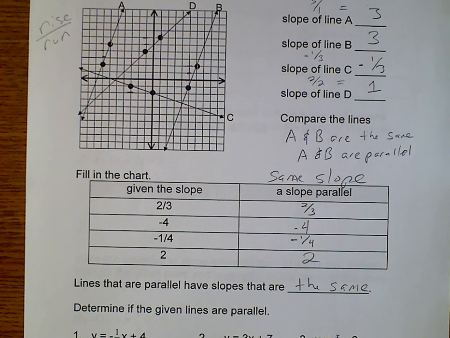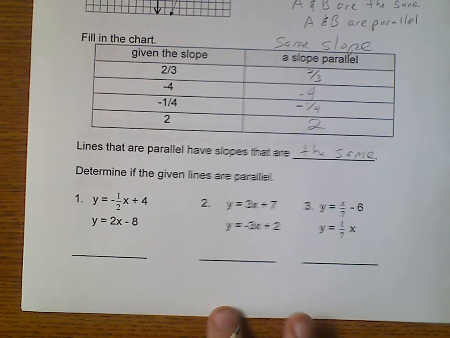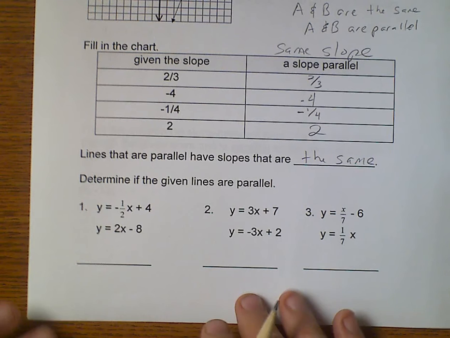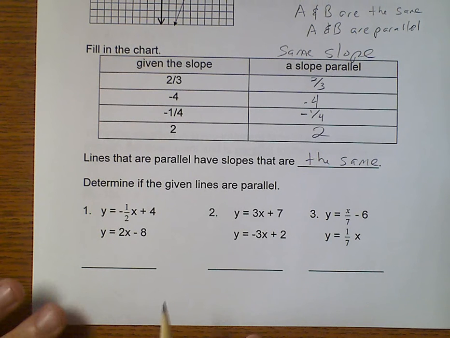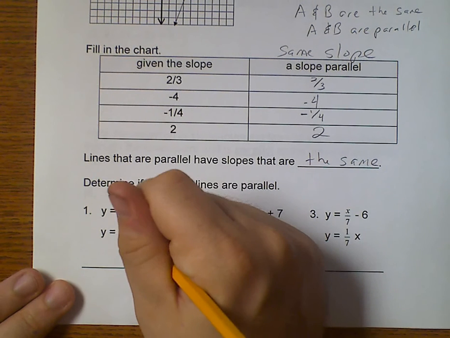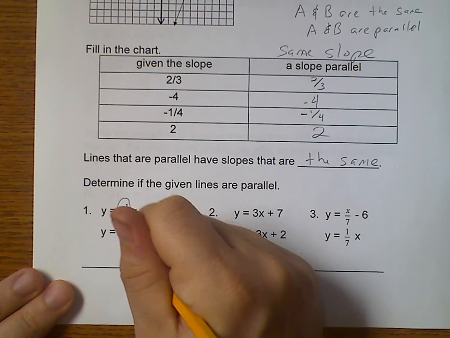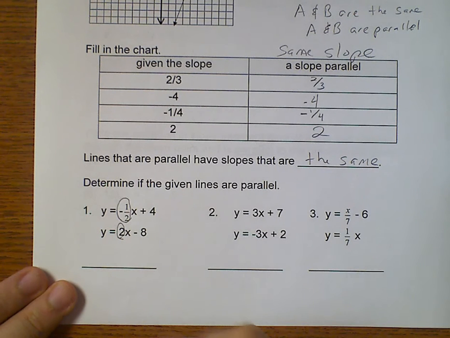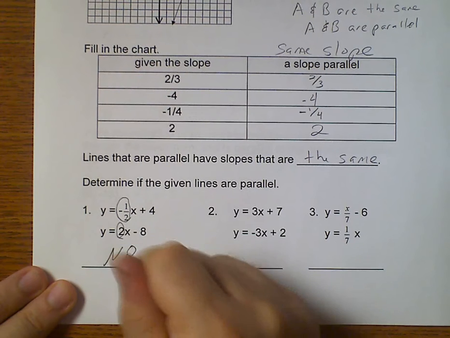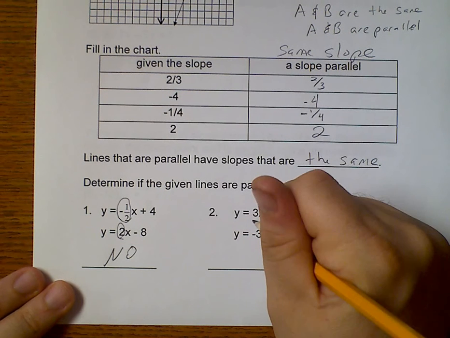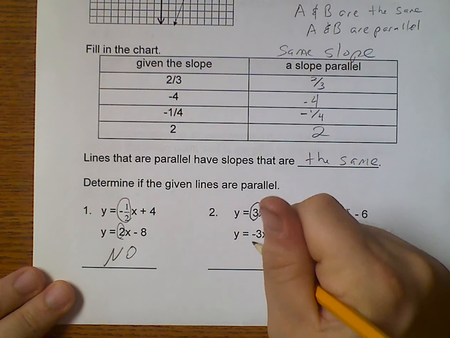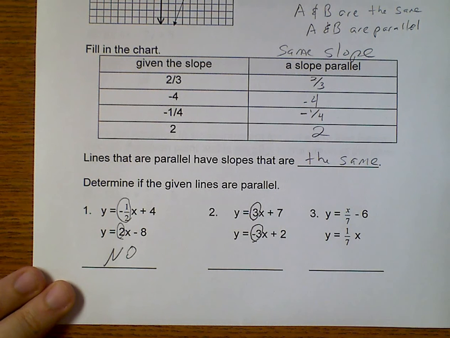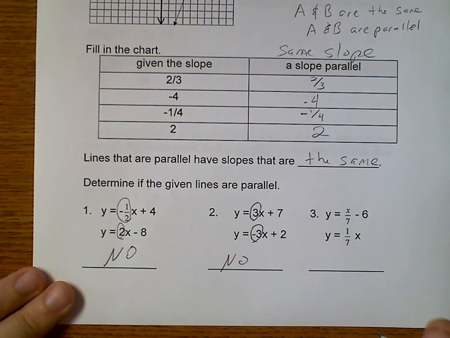Let's go ahead and have a look. We want to determine if these lines are, in fact, parallel. So I see -1/2 and 2. No. Come over here and I see 3 and -3. No. Now this is weird.